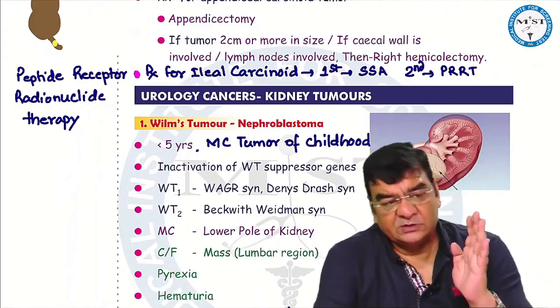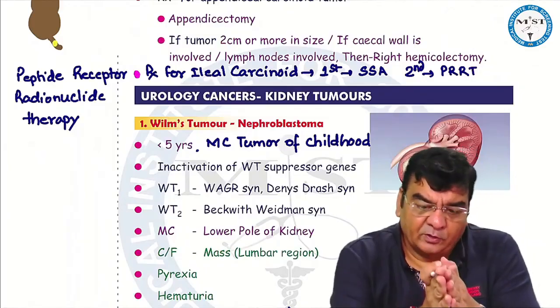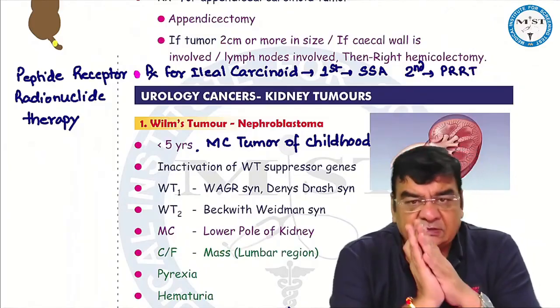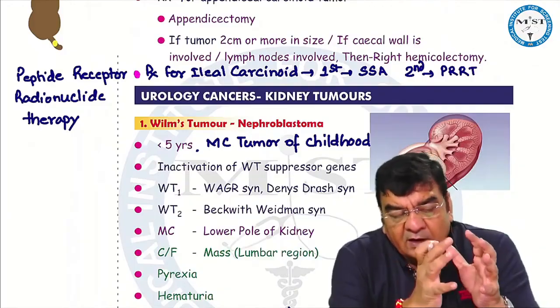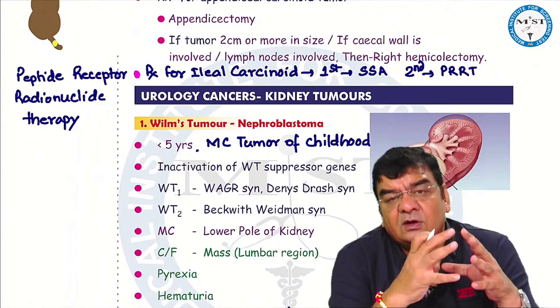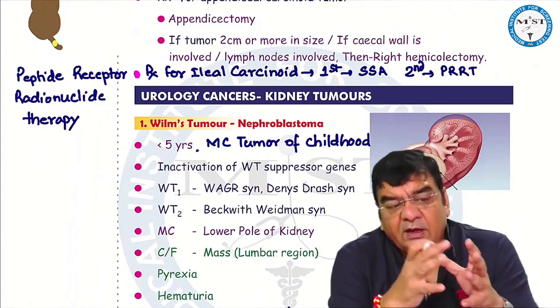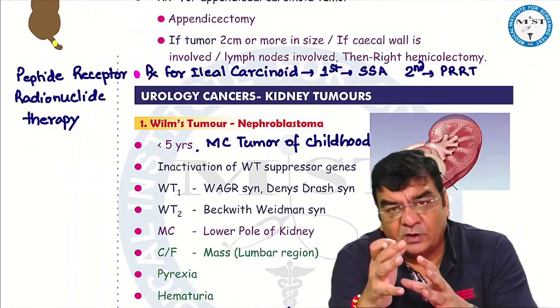From the GI tumors, we move to the urinary tumors: kidney, bladder, prostate, penis, and testis. Now, in kidney, we can find a tumor in babies also, that is a Wilms tumor or nephroblastoma. In adults, the renal cell carcinoma is hypernephroma.